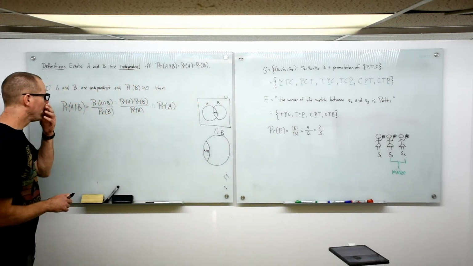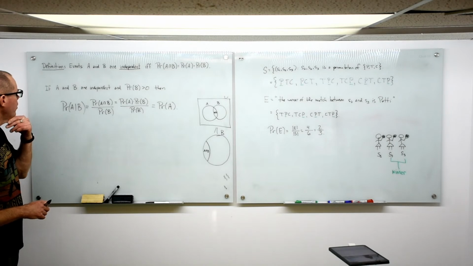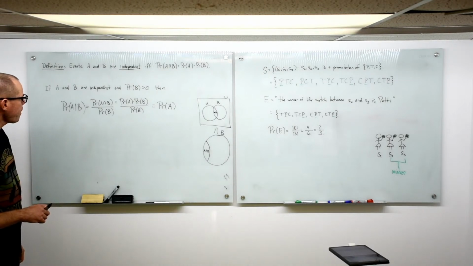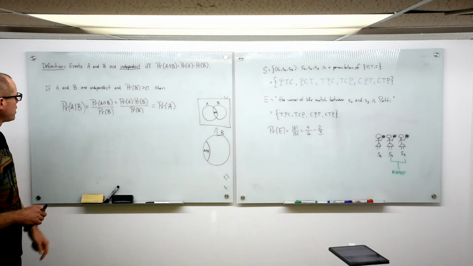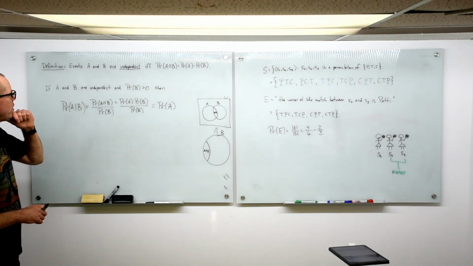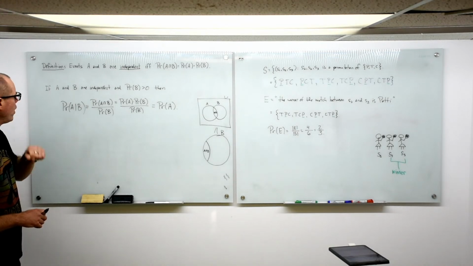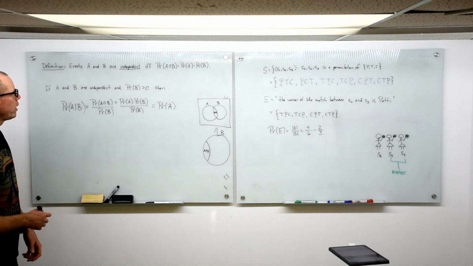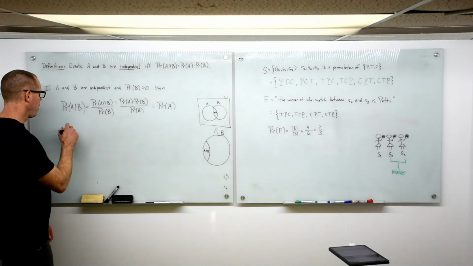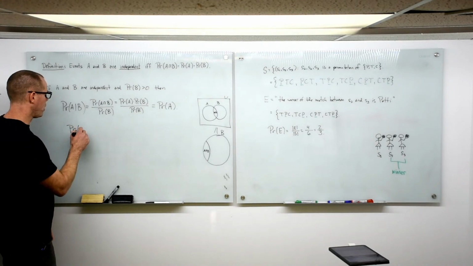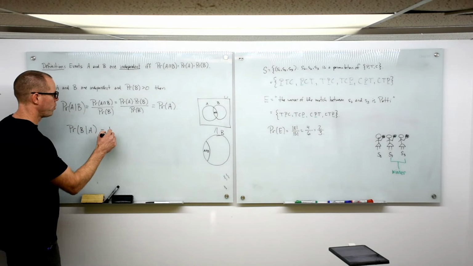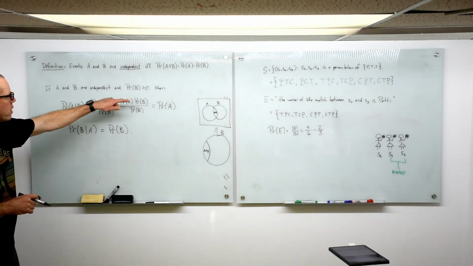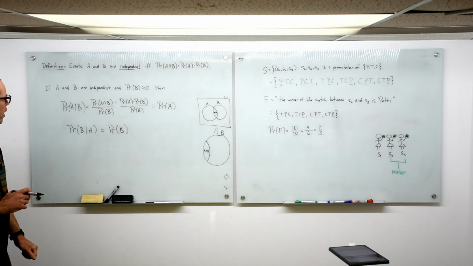And you can look here and say, well, we can reverse the roles of A and B. As long as the probability of A is not equal to 0, then if A and B are independent and both have probability not equal to 0, you get the same thing, which is that probability of B given A will just be probability of B. It's the same thing, just write this down, but now divide by probability of A instead.